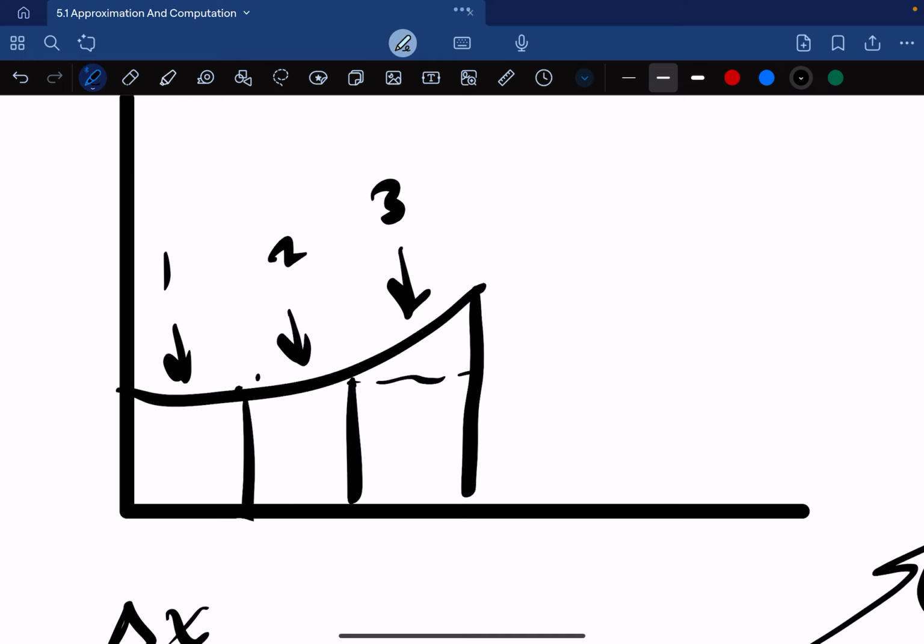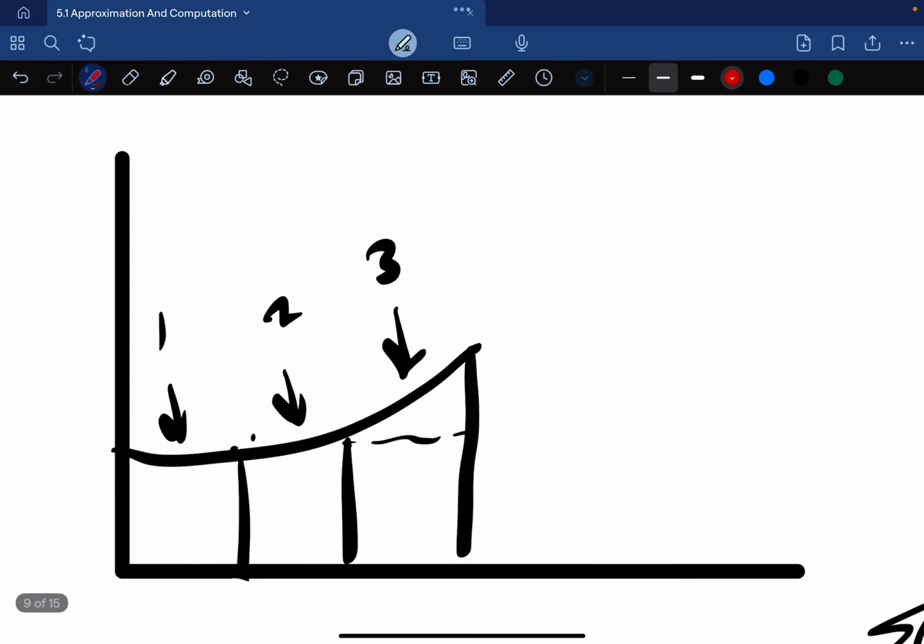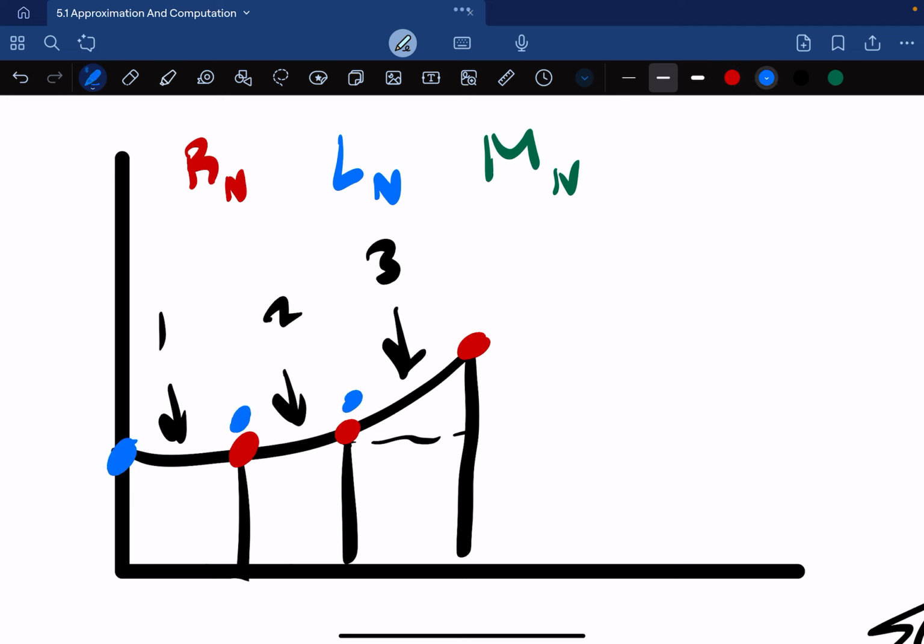Why is this? Well, if our red is Rn and our blue is Ln, let's say our green is Mn. So these are the right endpoints, these are the left ones, and the midpoints would be in the middle, like that.